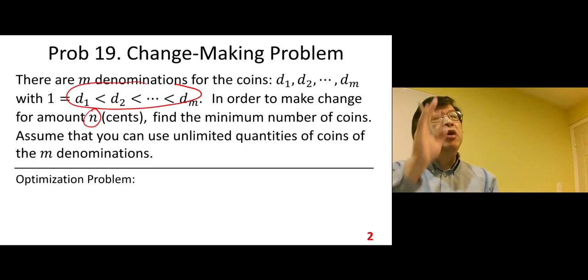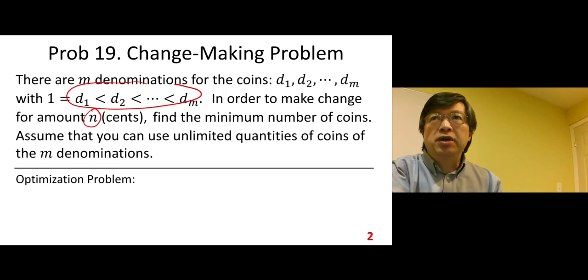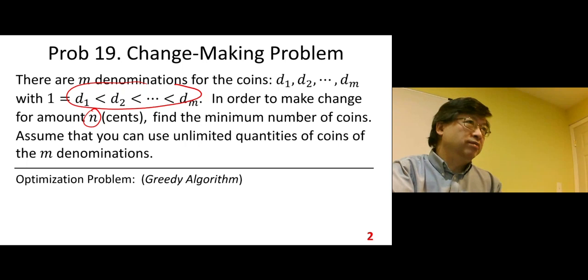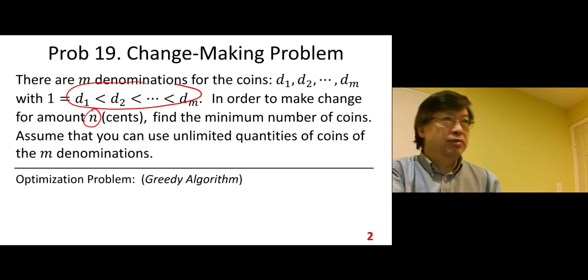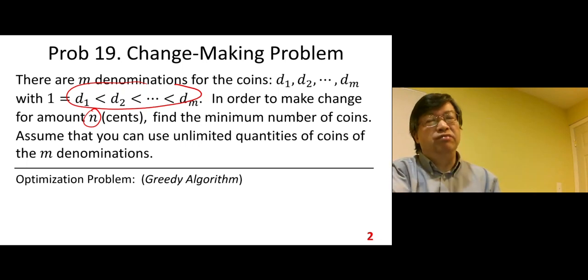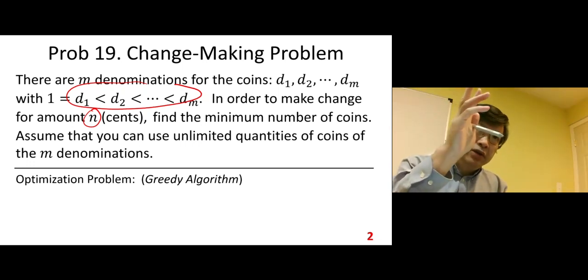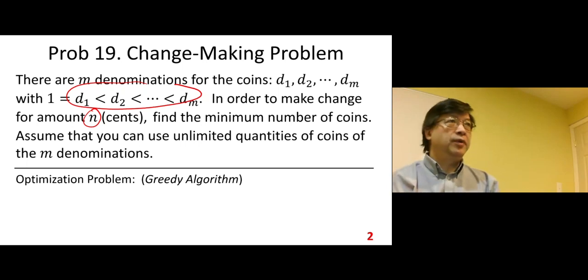So let's look at this optimization problem. Usually for an optimization problem, there are two basic methods people can use. One, greedy algorithm, another, dynamic programming. For our computer science algorithm problems, typically these two methods can be used. That's why in lecture 12 we talk about these two closely related topics.